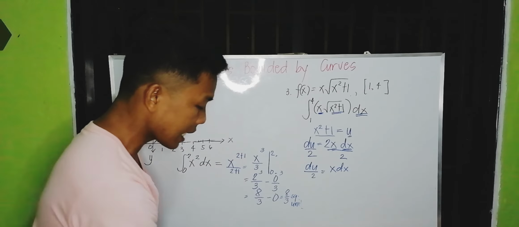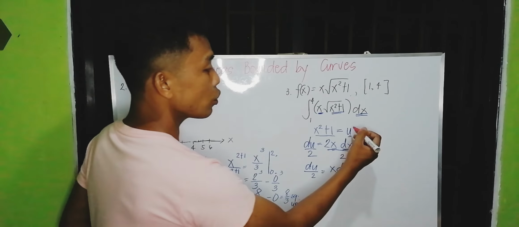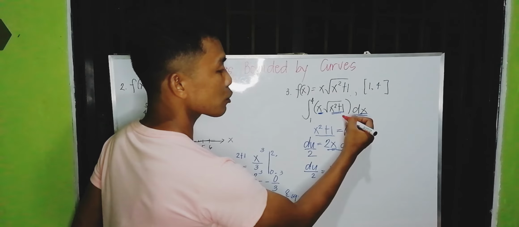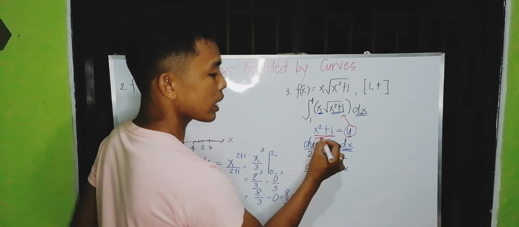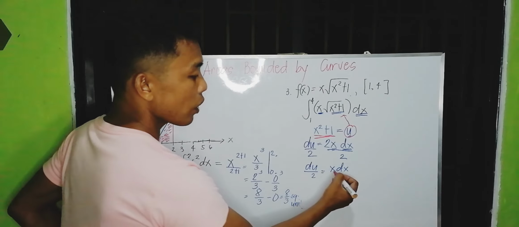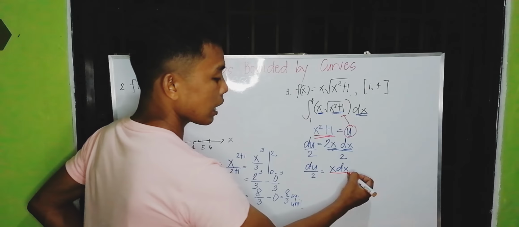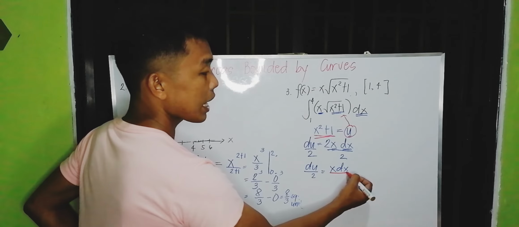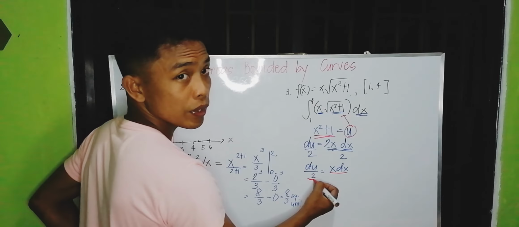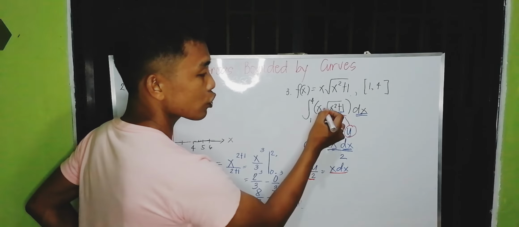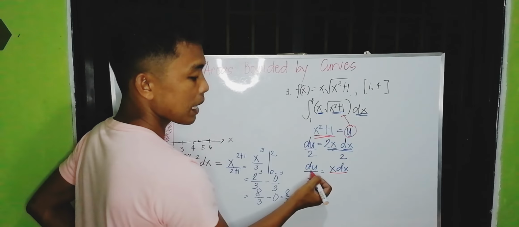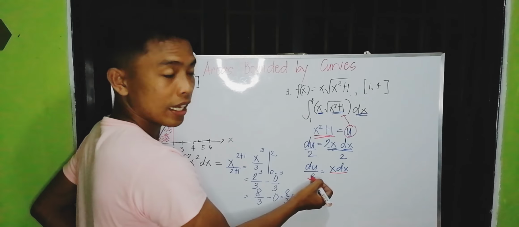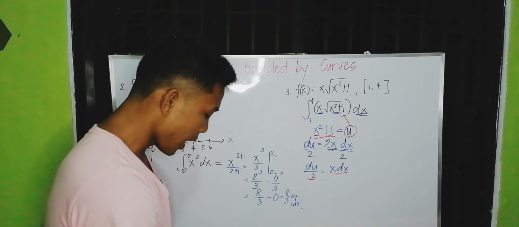Ano ang halaga ng mga nagawa natin, nahanap natin? Eto na u, automatic ipapalit mo siya dyan sa x squared plus 1. And then, yung x derivative of x, papalitan mo siya ng du over 2. Nasaan si x and dx? Eto siya. Etong dalawang yan, papalitan mo ng du over 2. Okay, sige, gawin natin.